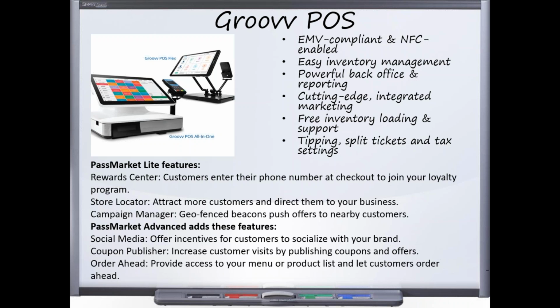The terminal will do everything that any POS system will do. It'll do tipping and split tickets. You can set up up to 999 tax settings. So depending upon if a merchant's got a state sales tax, a county sales tax, a local sales tax initiative, all those can be built into it.